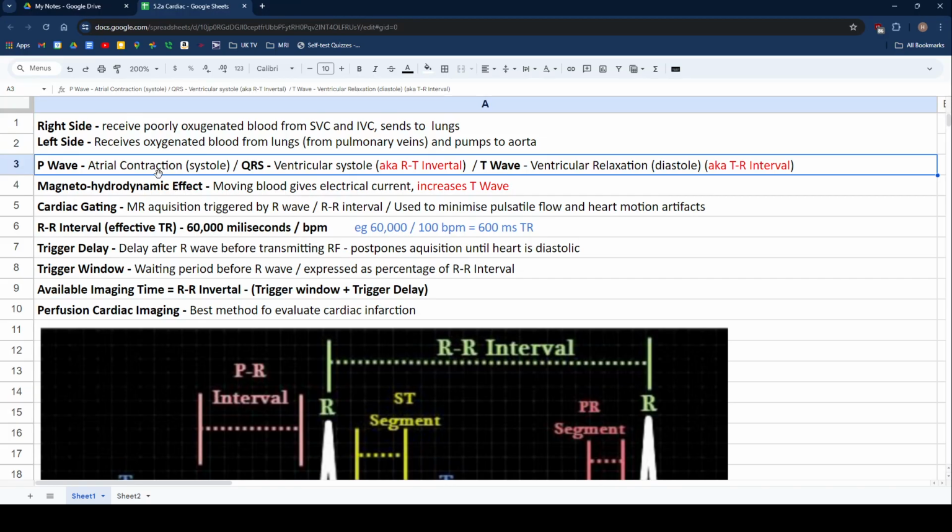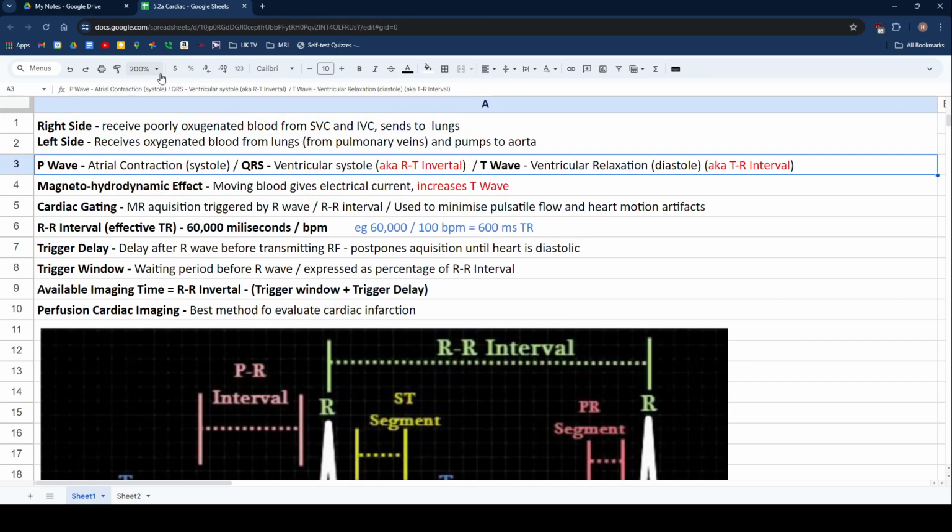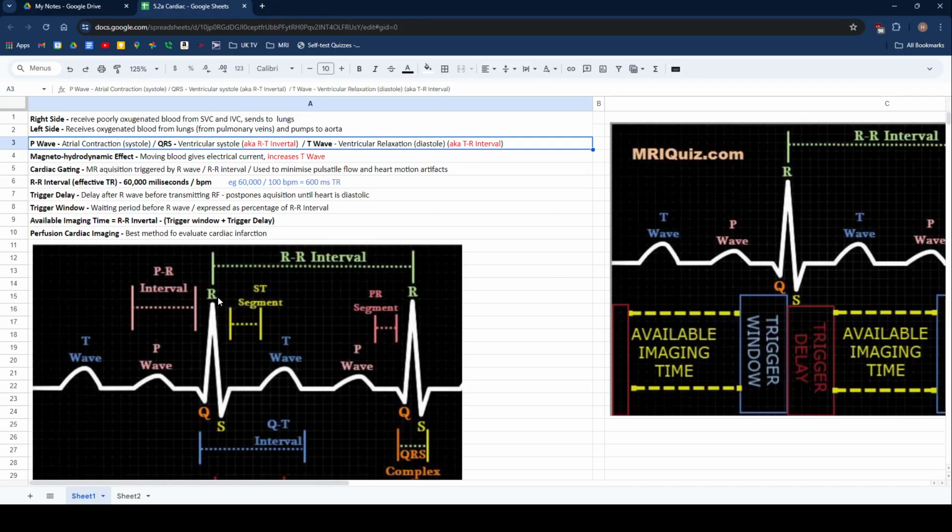P wave is atrial contraction or systole, right here. QRS is going to be ventricular systole, ventricular contraction, aka the RT interval. T wave is ventricular relaxation or diastole, aka TR interval.